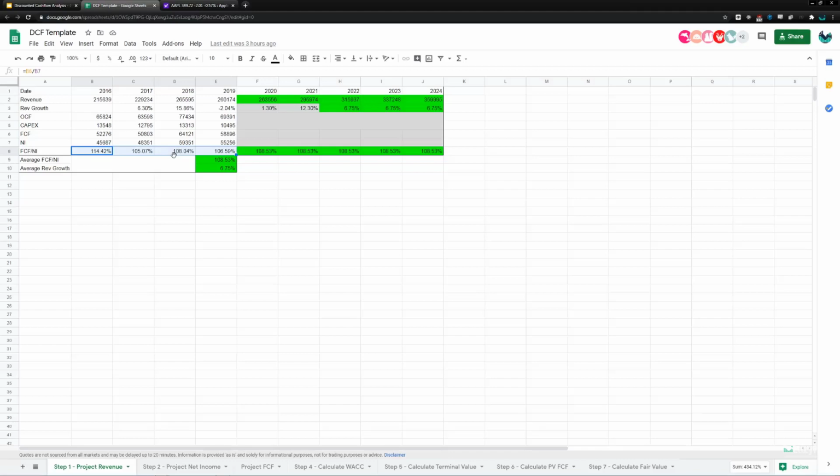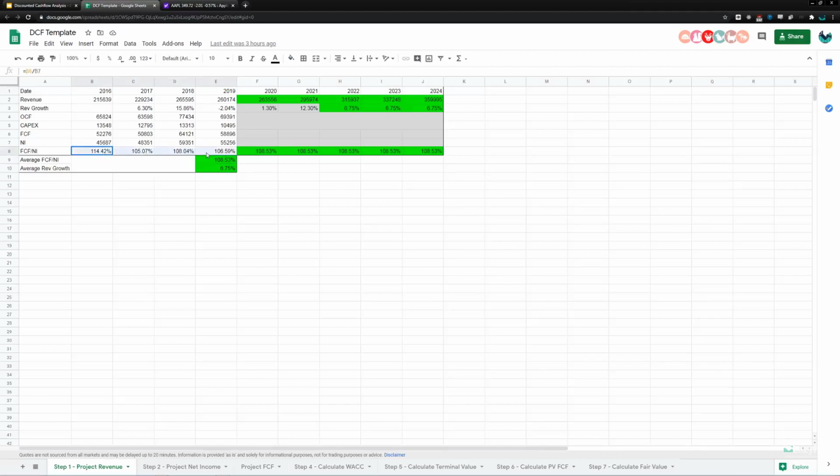So they are in line with profits, and we can rely on free cash flow as a measure for how well they will do in terms of profits. So we want to see this around 100% if we can. If you start seeing this ratio bouncing around to 400% or minus 200%, or it's just really all over the place, then you might need to come up with your own estimates. But this is just a good way to get you started.